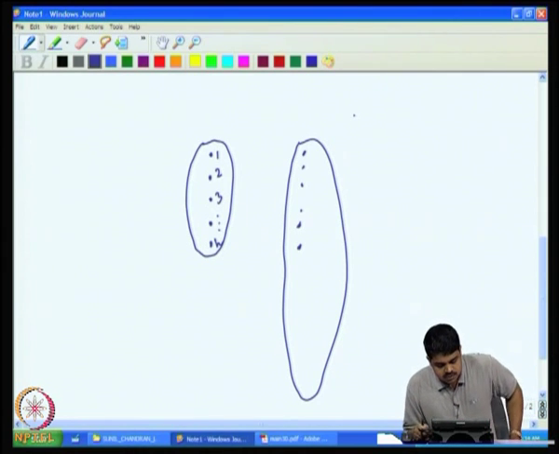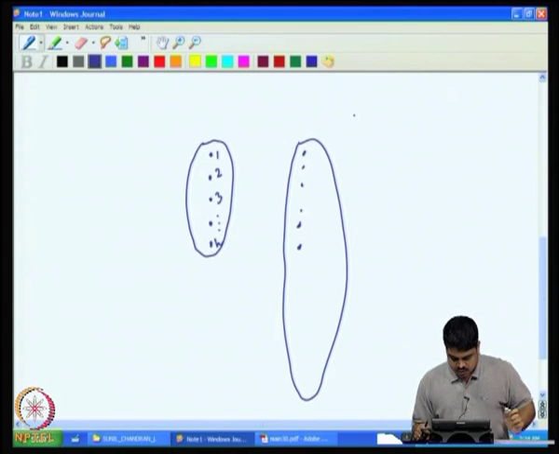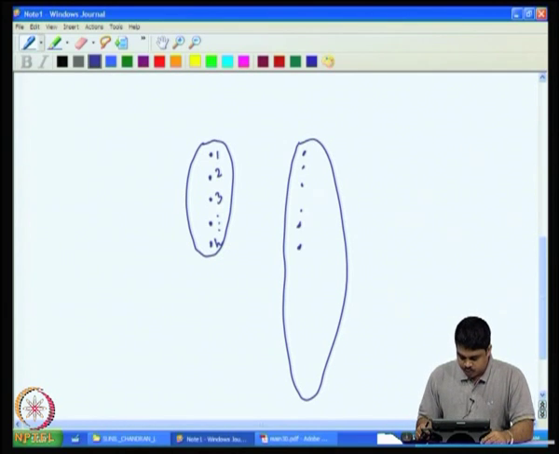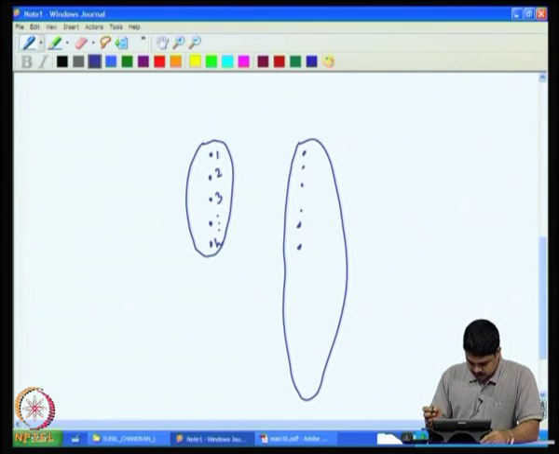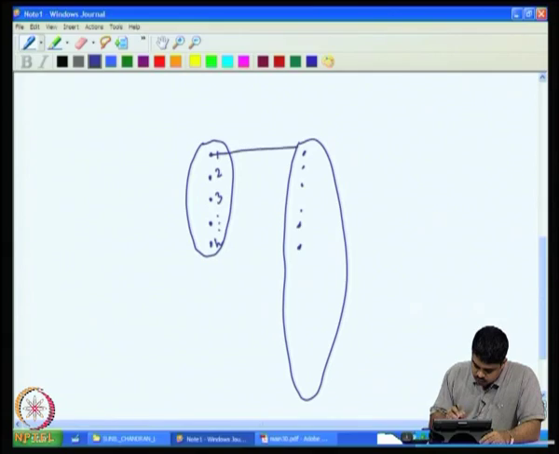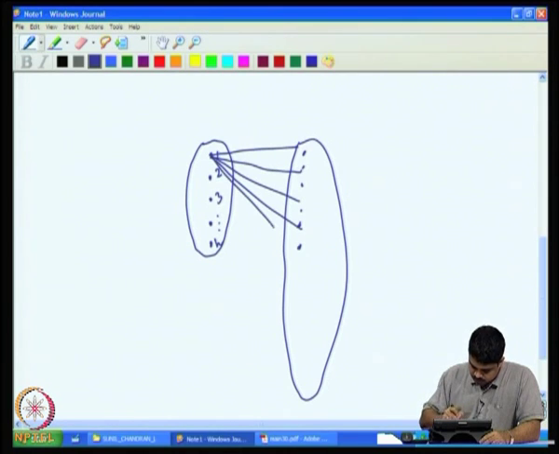Now, the point is to construct a graph with a degree sequence equal to, see, initially what we are going to do is to connect all these vertices to the corresponding h vertices here, right.